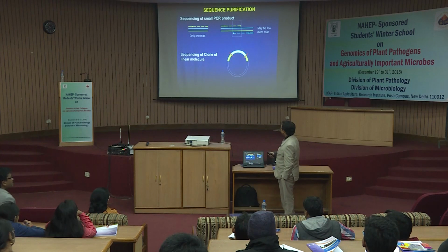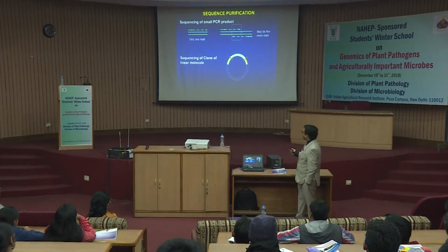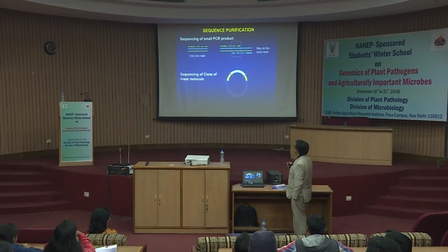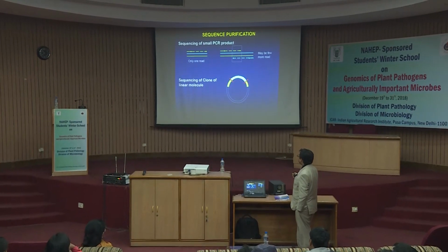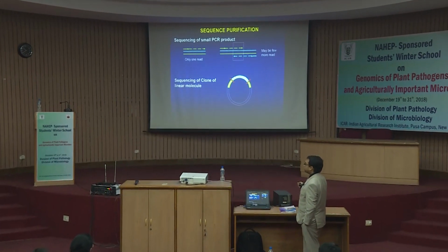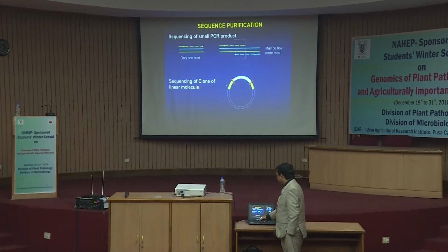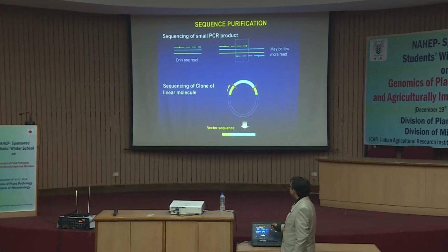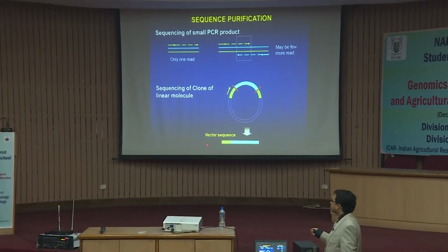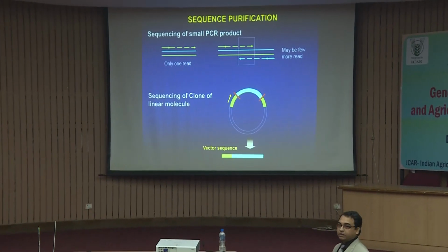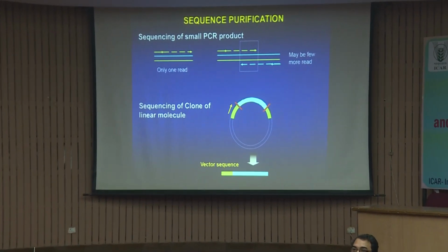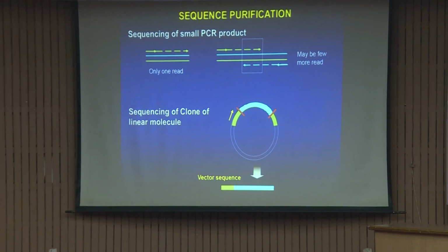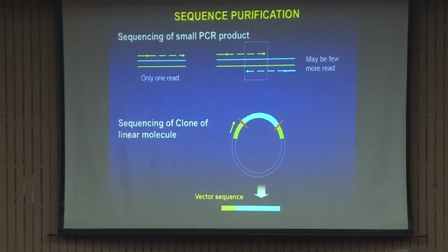Now, you can do sequencing using a clone molecule. In this case, you can use a vector primer for the sequencing of your target genome, and when you do the sequencing, you will generate a sequence which will have the vector sequence also within it. Many times I have observed that people take the raw data they got from sequencing and submit it into the database.